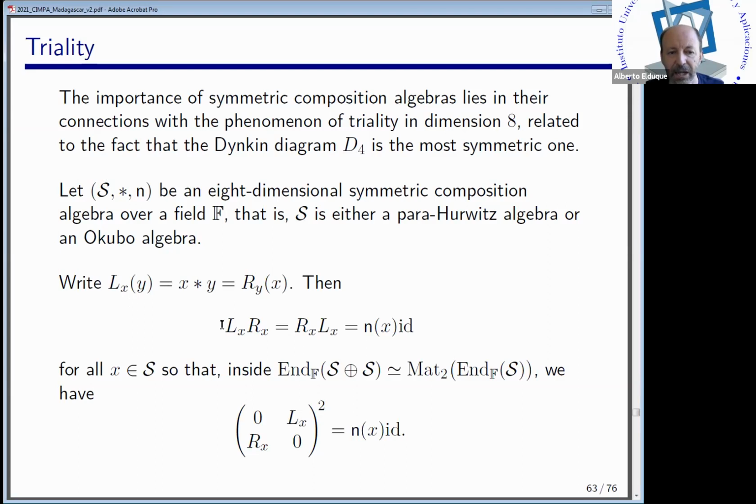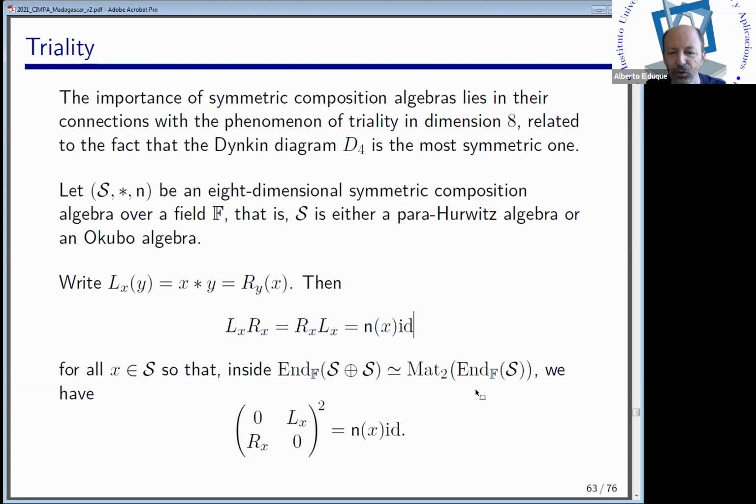And see, the first property that we look at for symmetric composition algebras is exactly this: if we take an element y and we multiply it by x on the left and then on the right, or the reverse way, we always get a scalar multiple of y, and the scalar is given by the norm of x.